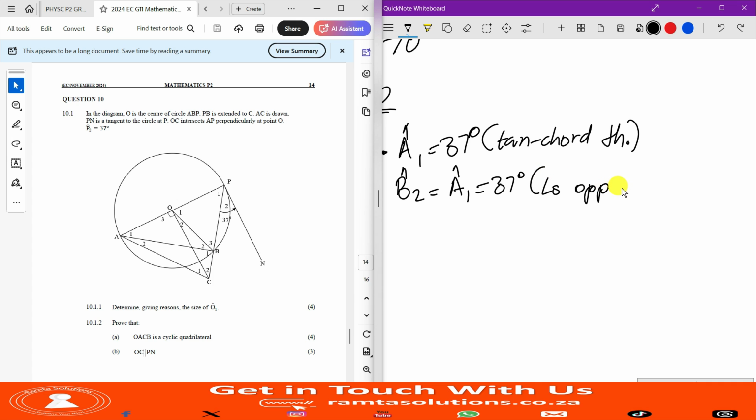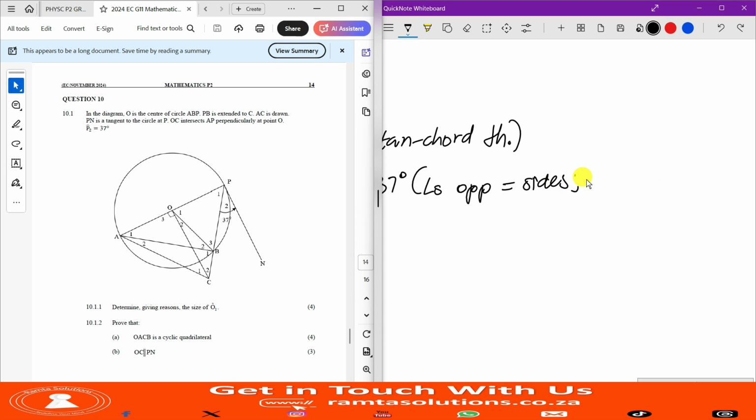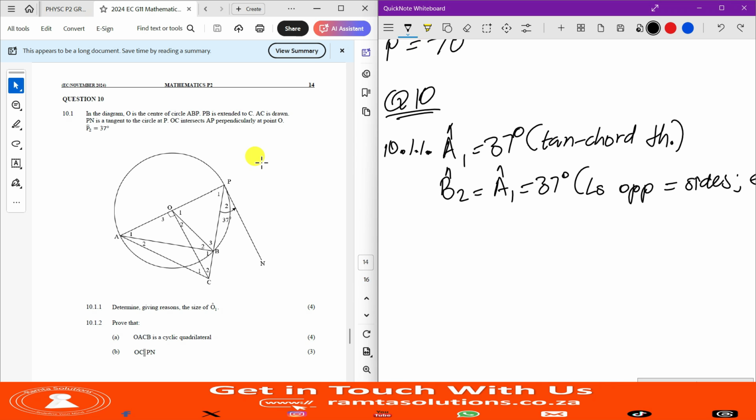If you like, you can just say equal radii, or you can just say OB equals OA. Where's OB? Let me show you. This is OA and this is OB. So these angles are equal, right?